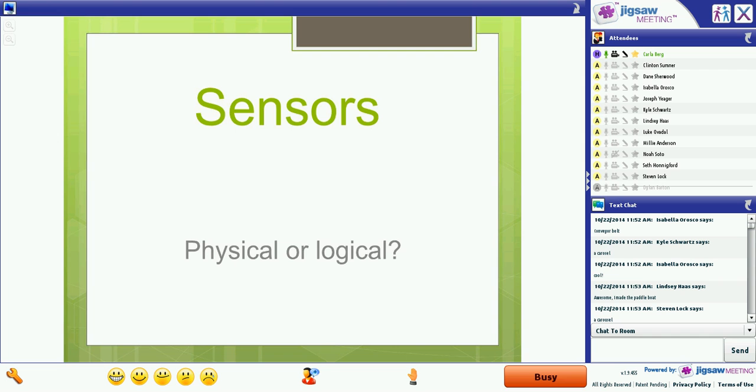Raise your hand. Isabella, go ahead. Logical sensor has like a chip telling it how to rationalize.